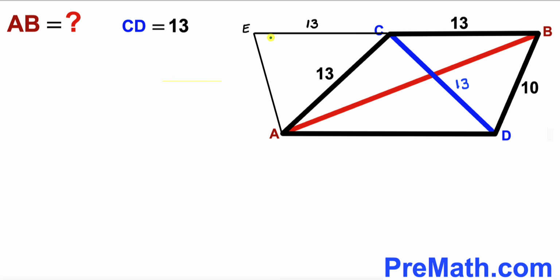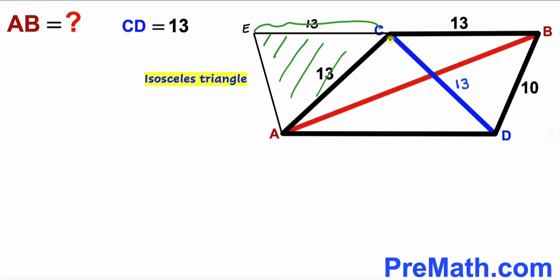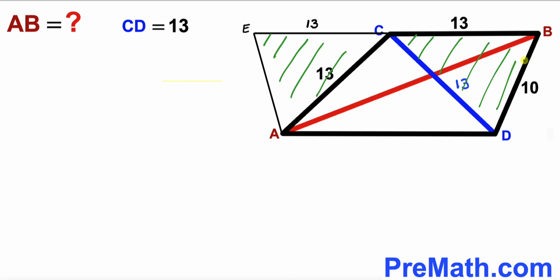Now let's make an observation. We can see this triangle ACE is an isosceles triangle, since this side EC length equals this side AC length. And likewise, we know this other triangle BCD is an isosceles triangle as well. So therefore, by the definition of symmetry, we conclude that this side AE length has got to be equal to this side BD length.